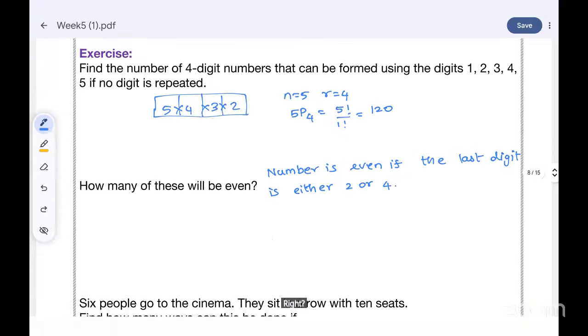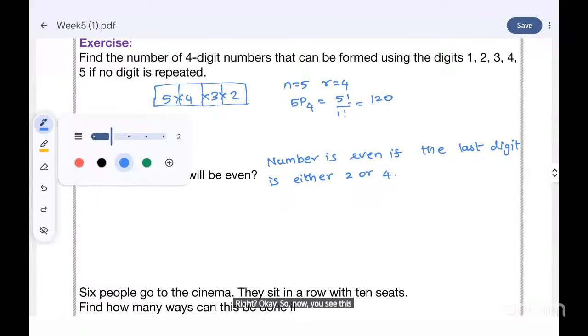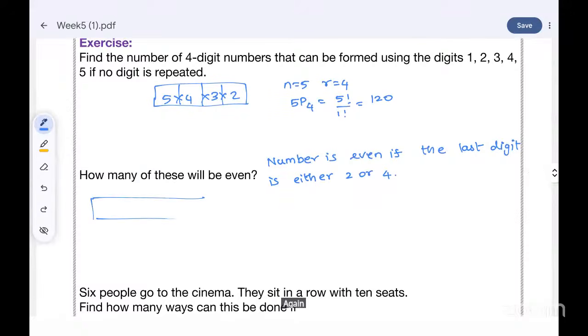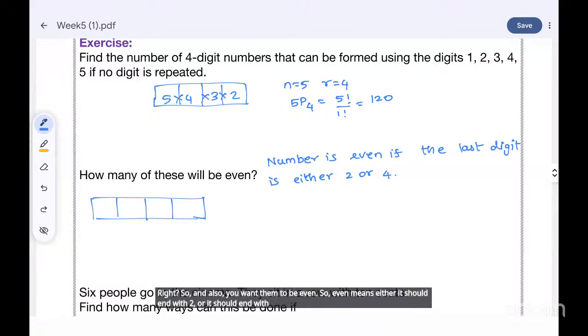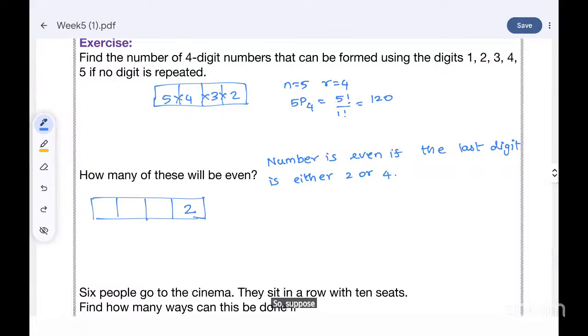Now here again you have a 4-digit number, and no digit is repeated. Also you want them to be even. So even means it should end with 2 or it should end with 4. Suppose we fix 2 here, and another possibility is that we fix 4.